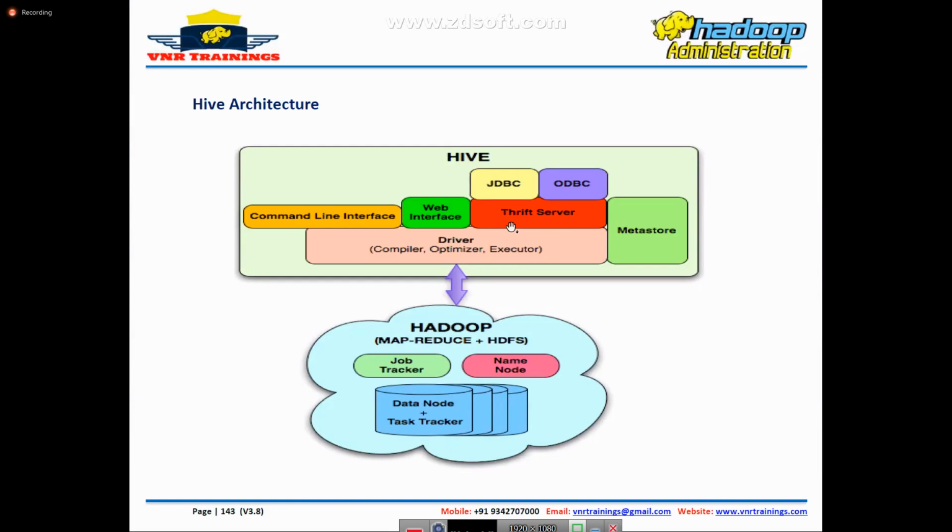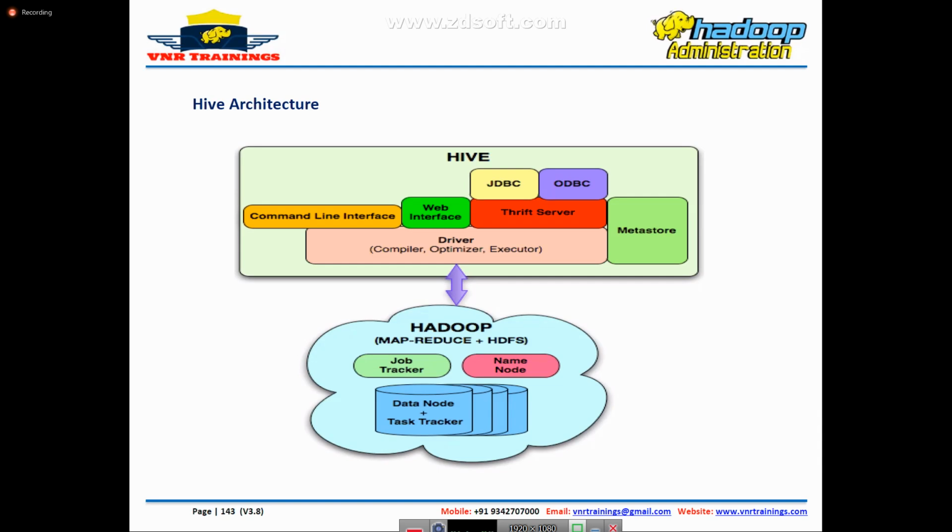The Thrift server is the entry point for your external queries, HiveServer2. Then the Metastore. For the Metastore we have two things: Metastore DB and Metastore as a service. DB means the backend RDBMS.